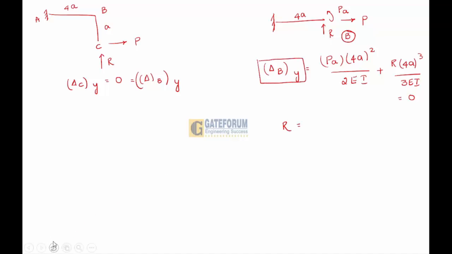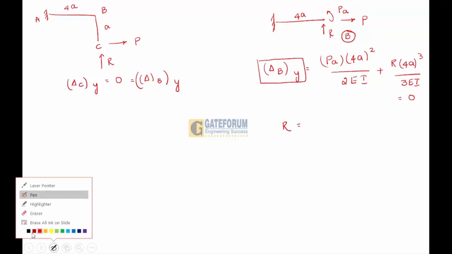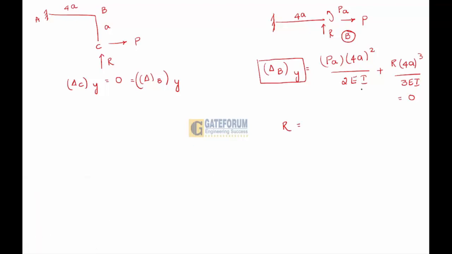If we find the value of R from here, you should get around minus 3P by 8. Upward direction I took as positive, so the minus sign means acting in the downward direction. Negative sign means reaction in the downward direction. So the answer R is 3P by 8 in the downward direction.